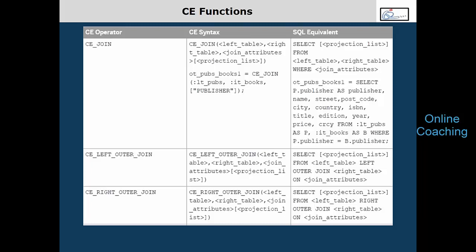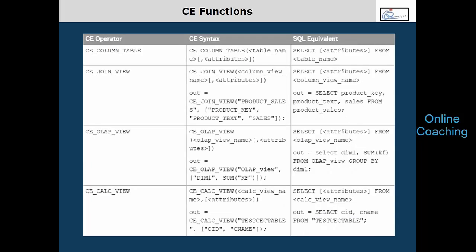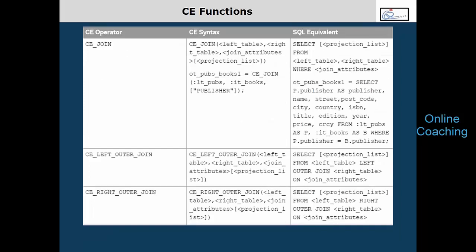Then they'll ask you what is the importance of CE_JOIN. So the confusion is: CE_JOIN_VIEW is for reading data from a column view which was deployed from the activation of an attribute view. But when it comes to CE_JOIN, we use this operator when you want to join two tables. When you say two tables, it is not two database tables, it is two temporary tables.